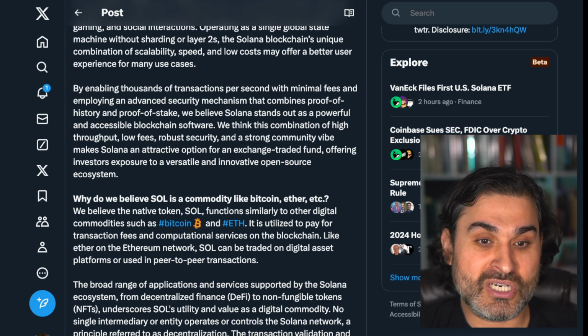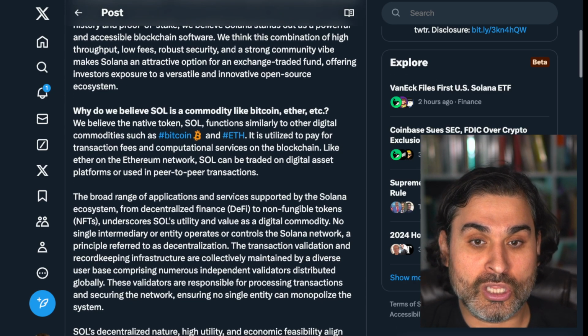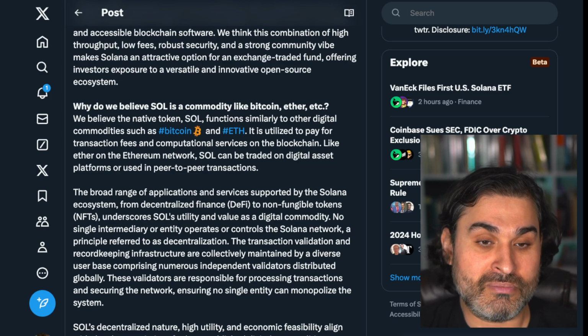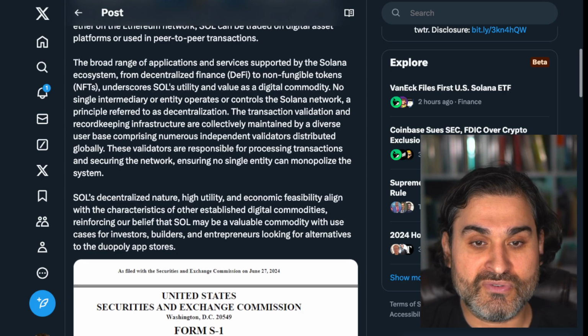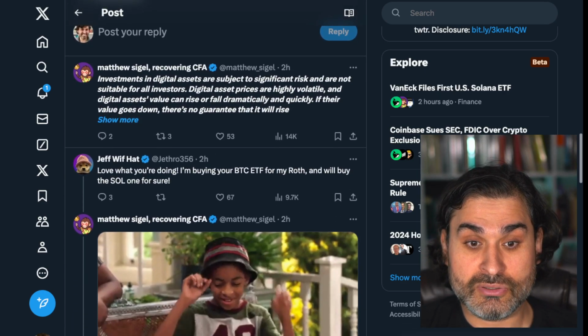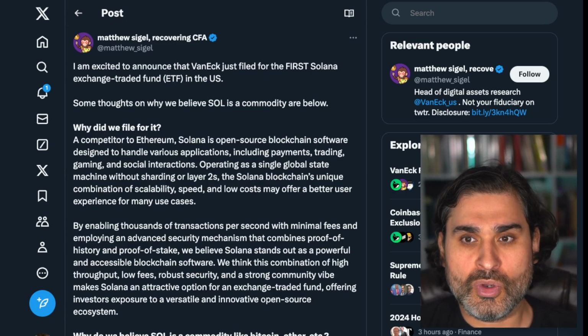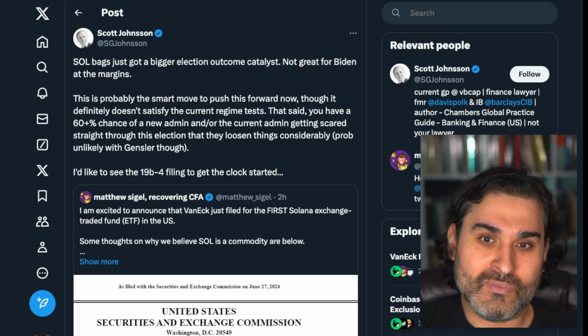It's utilized to pay for transaction fees and computational services on the blockchain. Like Ether on the Ethereum network, SOL can be traded on digital asset platforms or used in peer-to-peer transactions, and then kind of talking about other stuff as well. So they've put it out. This is really interesting. Now you might be thinking, is this going to go through? What's going to happen? Well, we will come to that in a second.